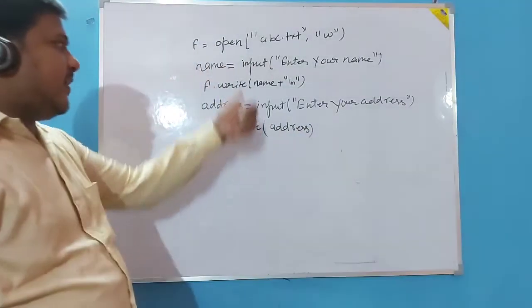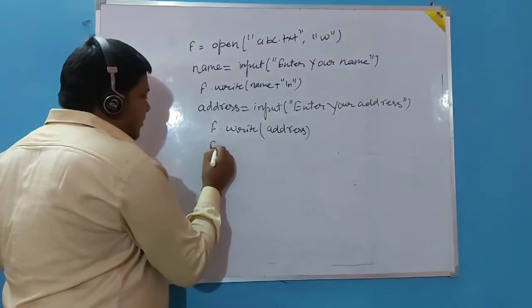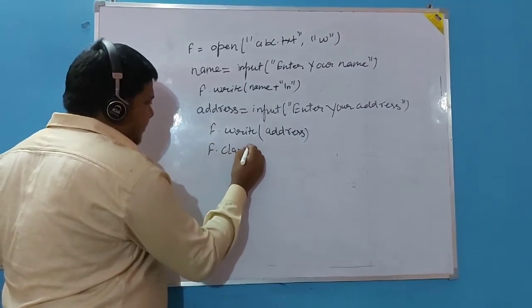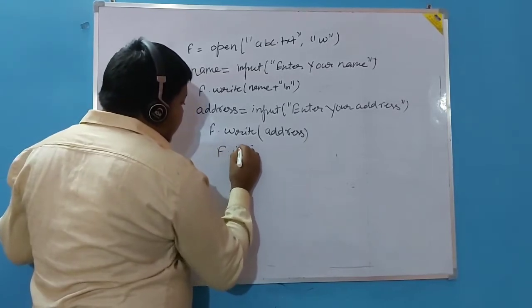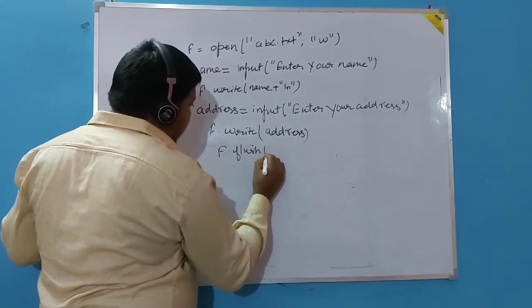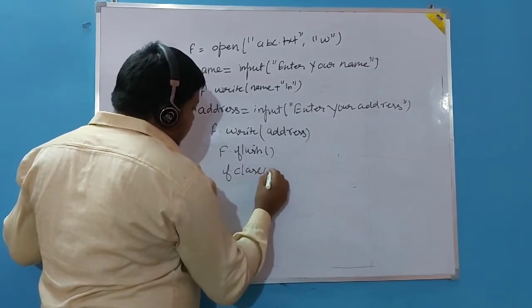Clear. So you can take input and write it in your file, and then you have to close. So you have to write f.close. Before the closing, you have to push the data into your file, so you have to use f.flush, and then you have to write f.close.